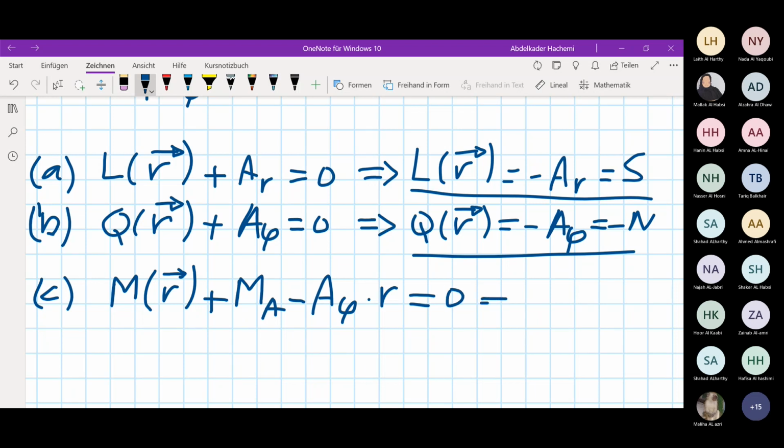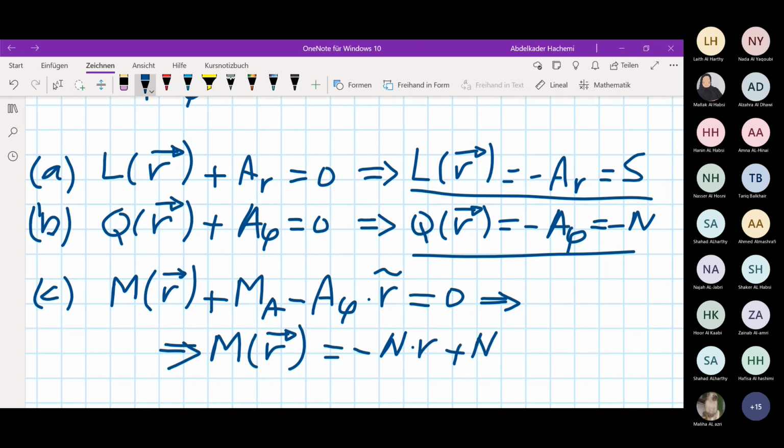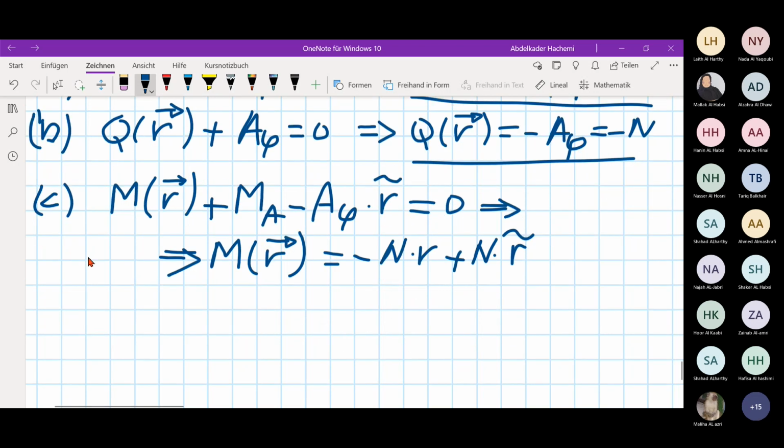Then in this case, I wrote it this way to make a distinction, R delta. Then we get MR is equal to minus N multiplied by R plus N R delta.